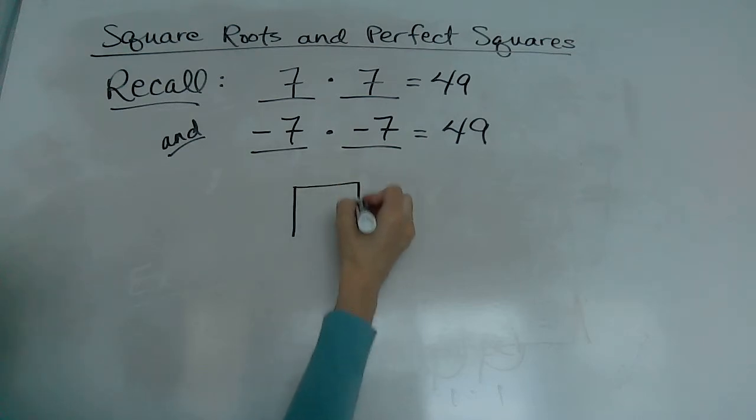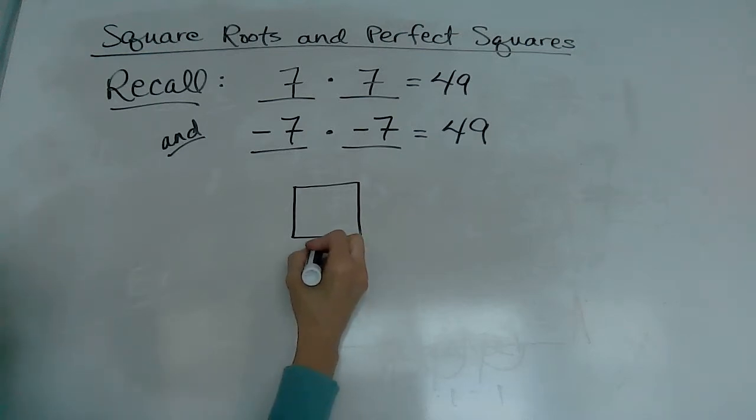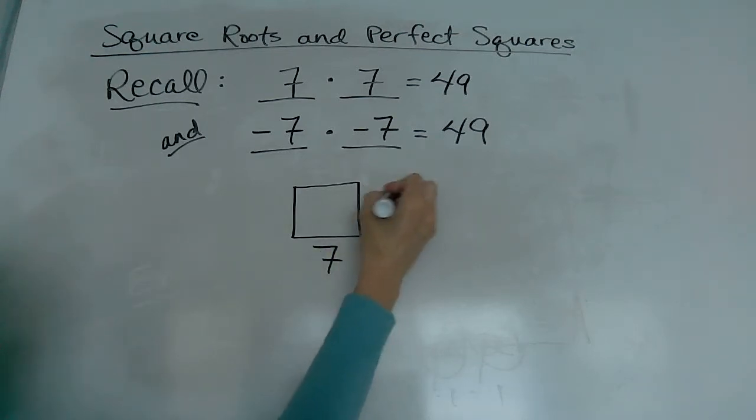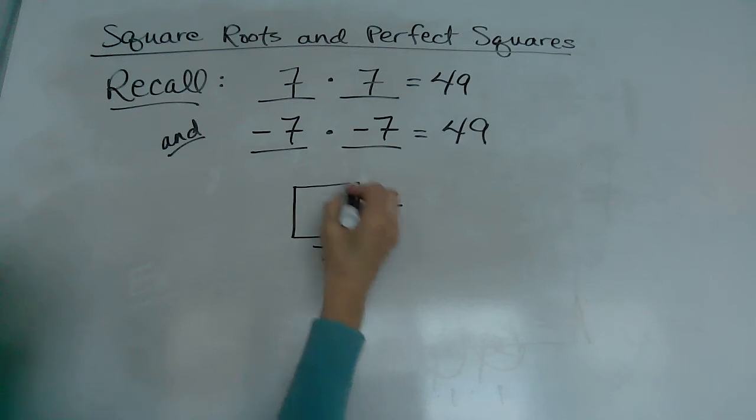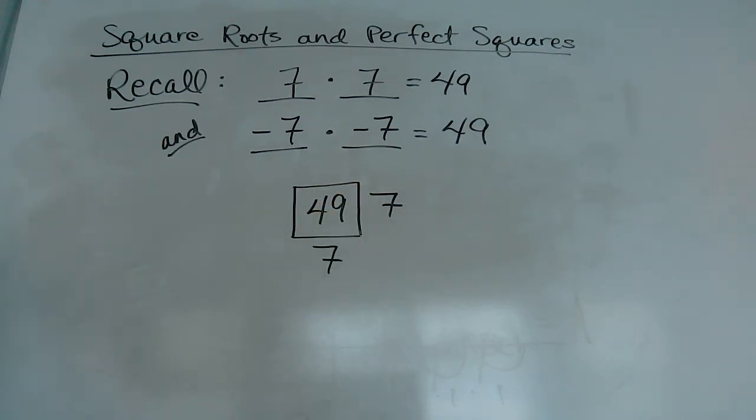remember to find the area of a rectangle or a square is to multiply the two side lengths together. With a square, the side lengths happen to be the same size. And so what we have is 7 times 7, and the area of that square would end up being 49.